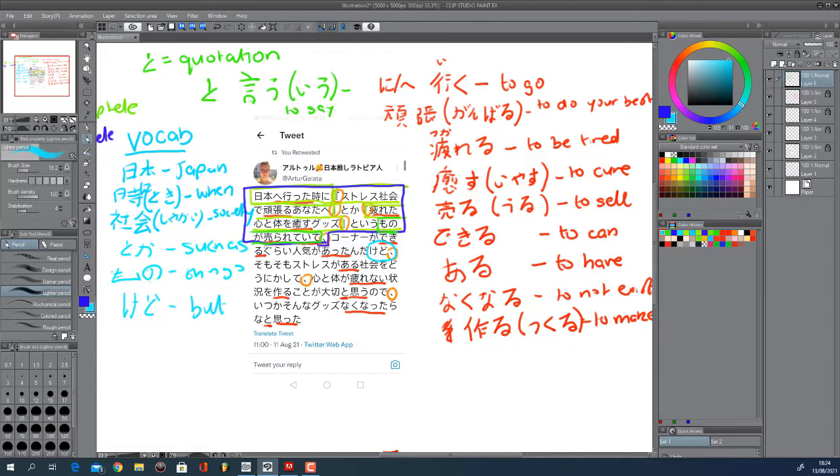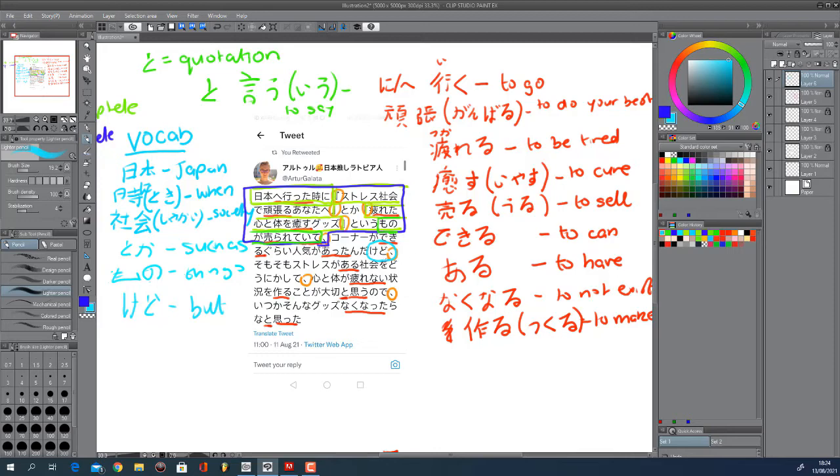So actually, from urarete ite, because we got the te used at the end of a verb, it's used to suggest that we're going to carry on with the information. コーナーができるぐらい人気があったんだ. That's our sentence.